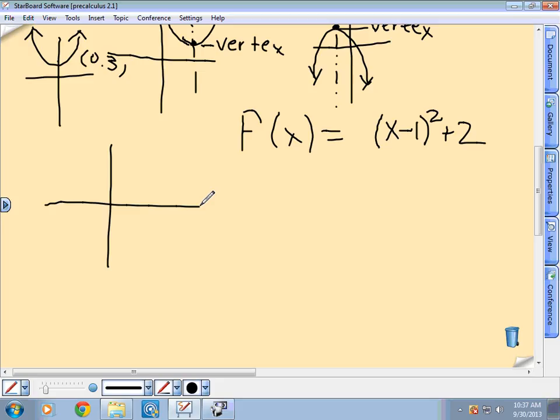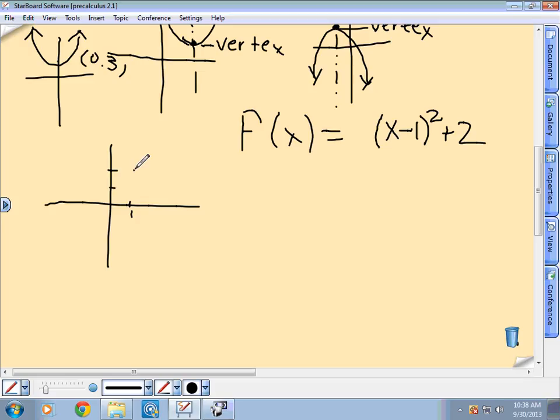What's this one going to look like? It's going to move left, because my horizontal shift is the opposite of my sign, remember? I'm sorry, you're right. It's the opposite of the negative, you're right, I'm sorry. So it's going to move right 1, and then it's going to do what after that? Up 2, so let's call that 1, and then up 2. So we'll go like that.